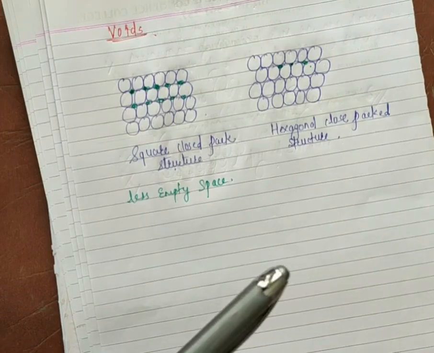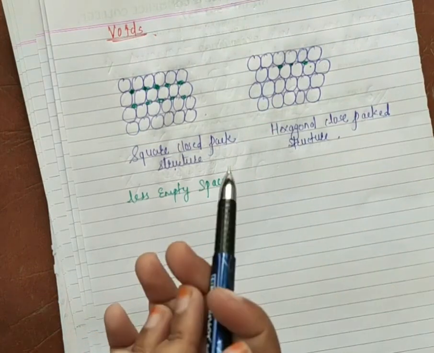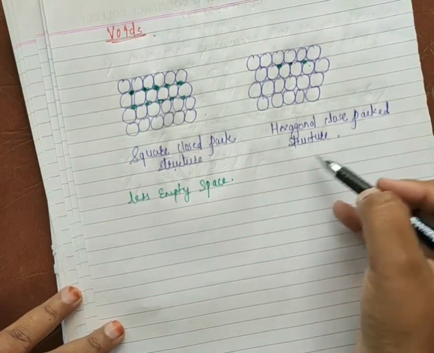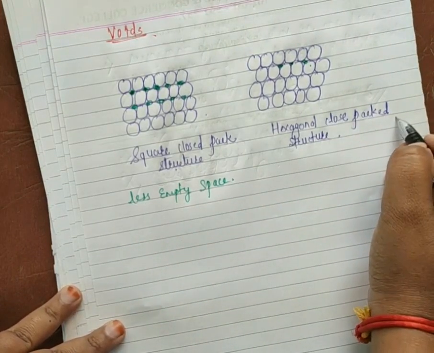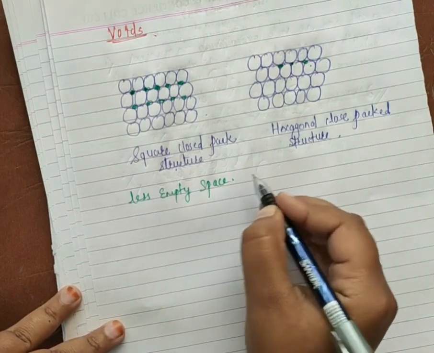So you should remember, between the square and hexagonal closed packed structures, the hexagonal has less empty space.